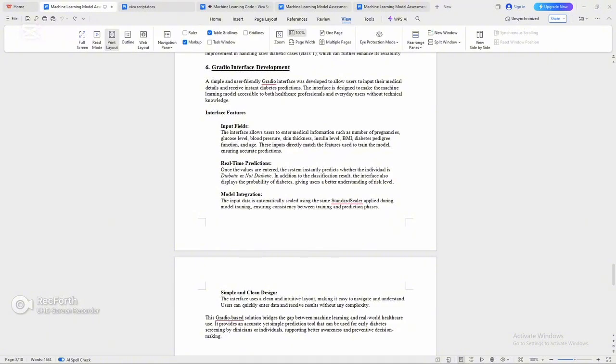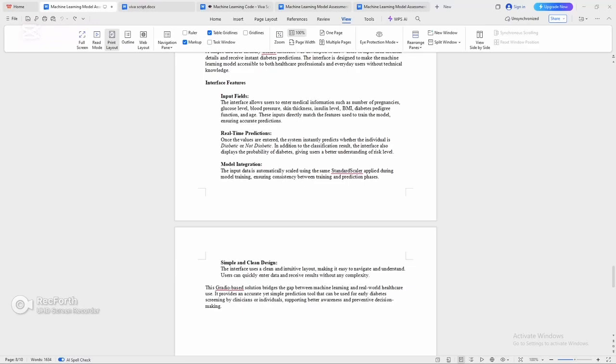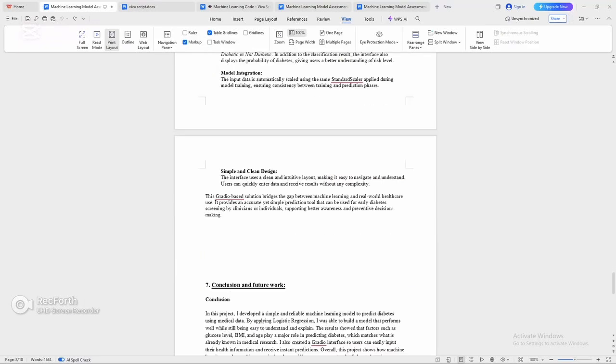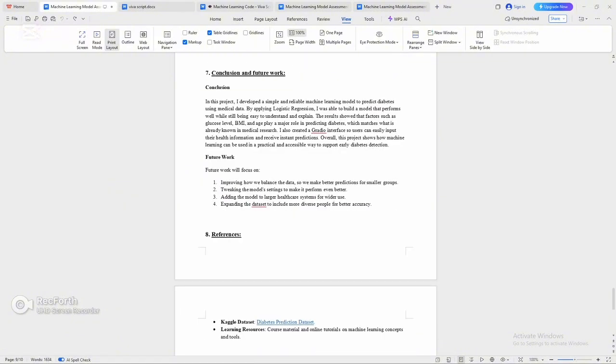Let's jump to the conclusion. To conclude, I successfully developed a simple, reliable, and interpretable machine learning model for predicting diabetes. Logistic regression proved to be effective and easy to explain, and the results matched medical research findings.